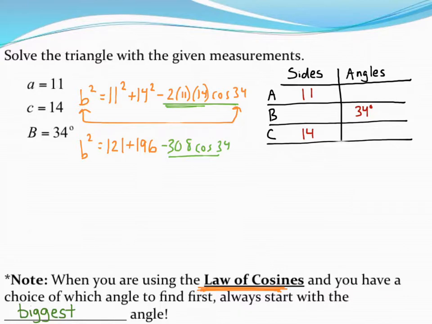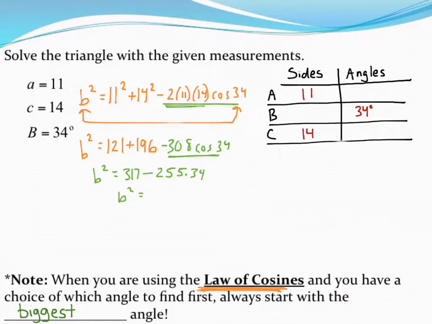Going ahead and adding some pieces together then, 121 and 196 add up to 317. And then this part right here, I used my calculator. I typed in negative 308 cosine 34. That comes out to be about 255.34. Sorry, checking my notes. Again, you could do this all in your calculator. I'm just showing a lot of steps this time.